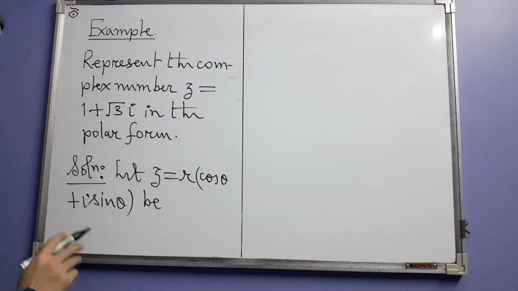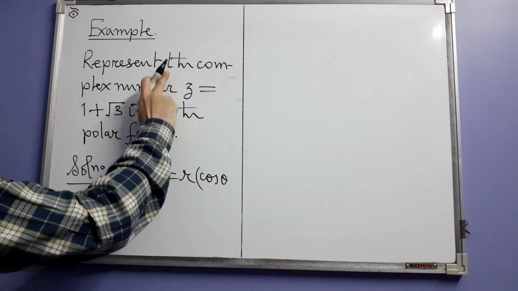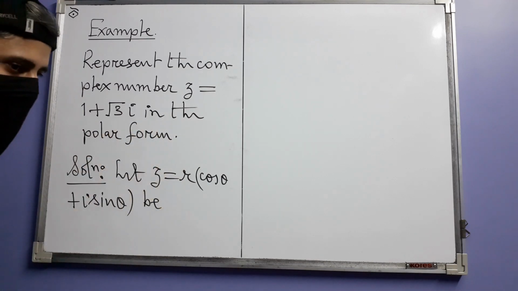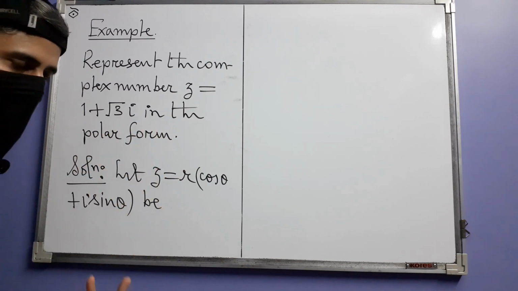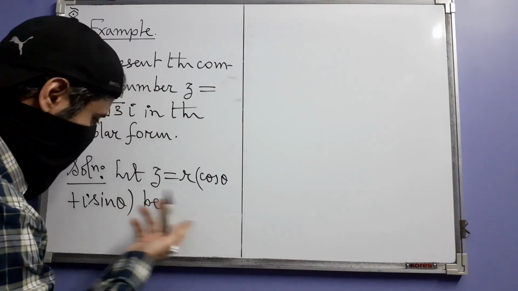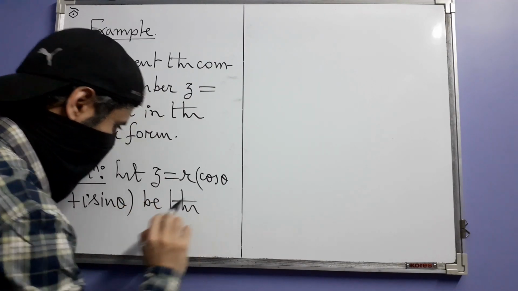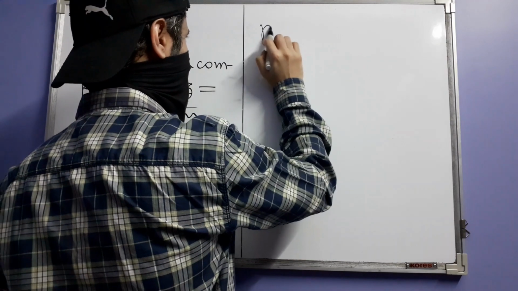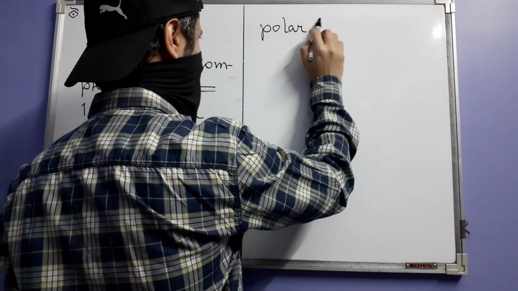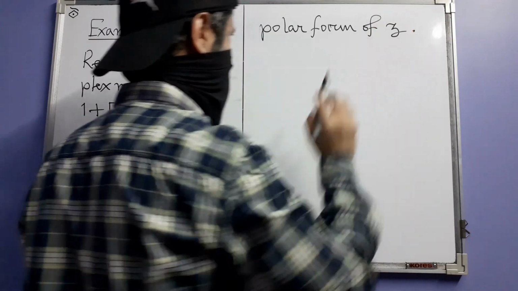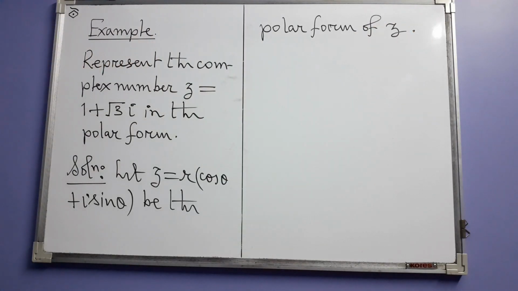Actually, strictly speaking, we should not say the polar form because that theta can change. But anyway, I am just writing the polar form of z. Okay, but we know what z is.